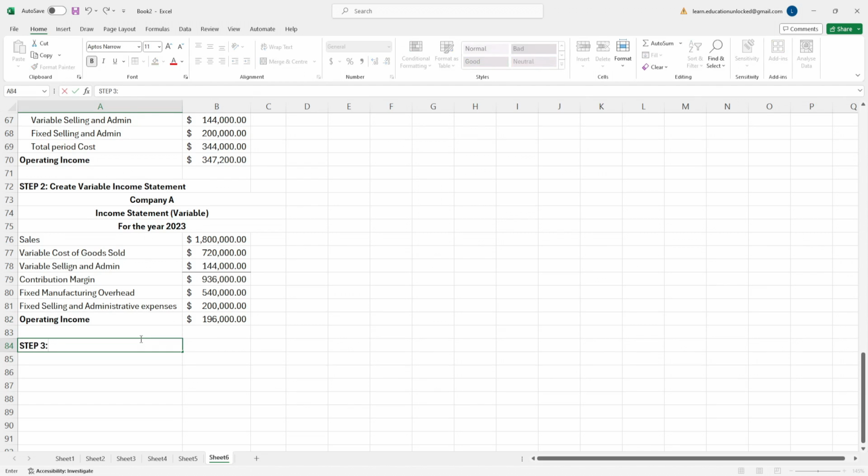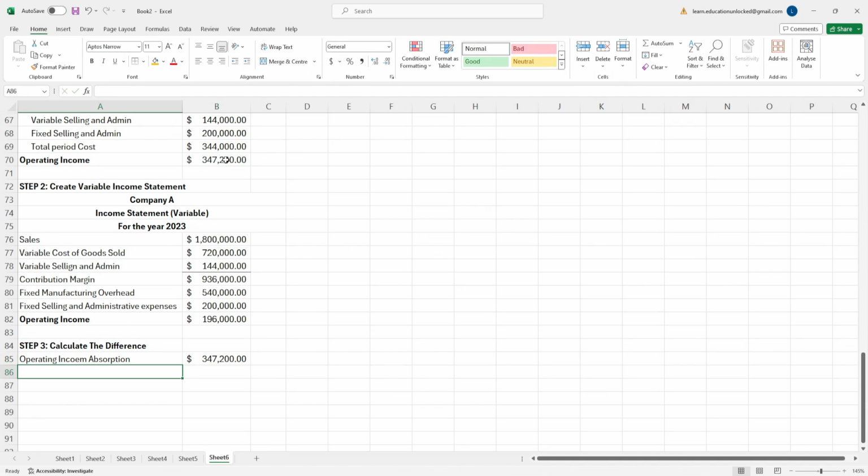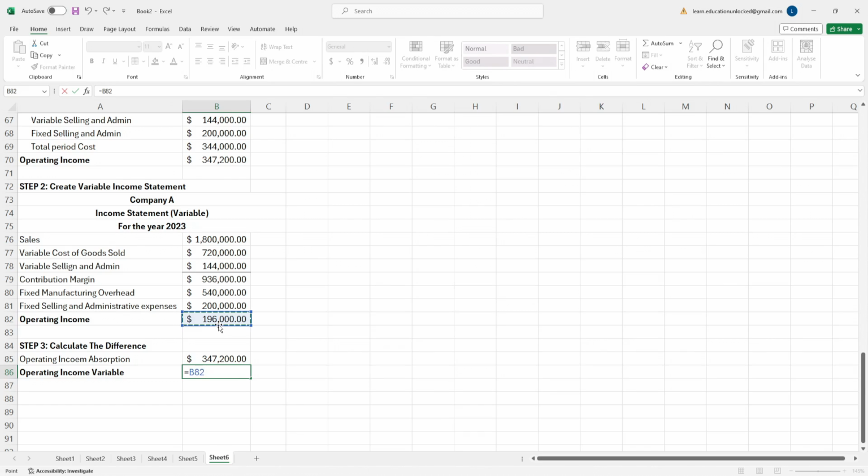So step 3, and this is the last step, let's calculate the difference. So we have absorption costing, right? Operating income for absorption, and that's 347,000. And then the operating income for variable, that's 196,000.